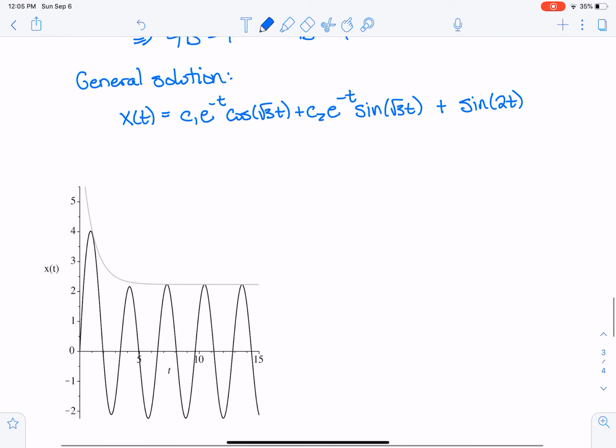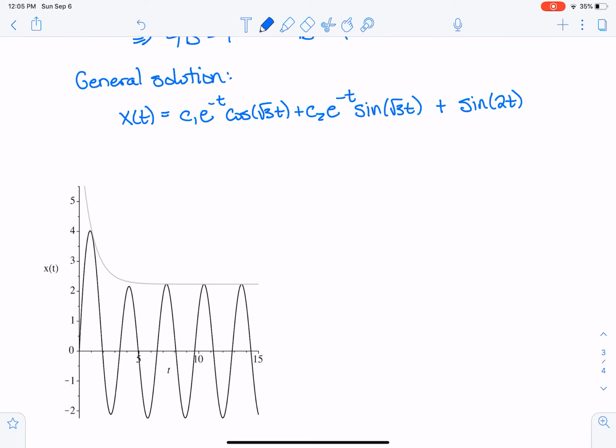Now, something that's interesting that we should look at is that the limit as t goes to infinity of x of t is going to be just sine of 2t. And so sine of 2t has a name. We're going to call that the steady state.